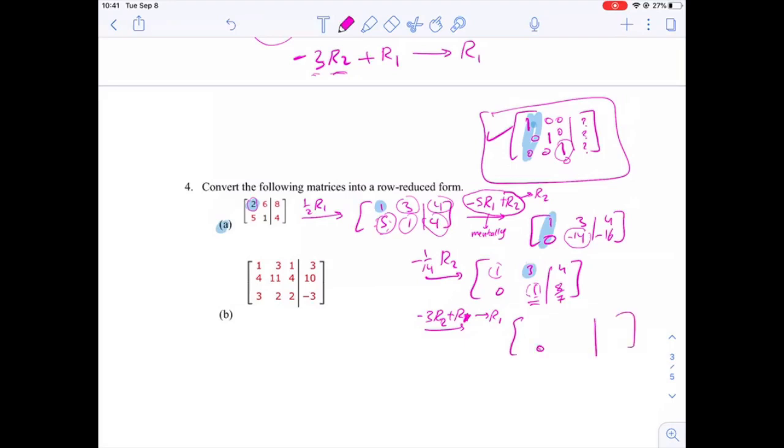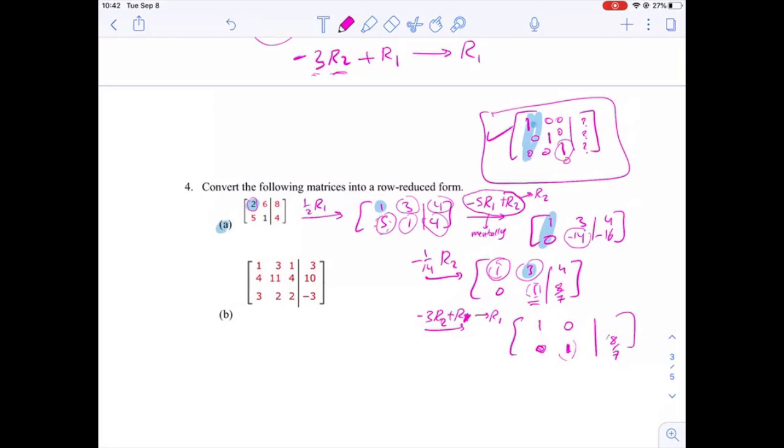So we have the second row 0, 1, 8/7. Then we multiply by -3. Multiplying 0 by -3 is still 0, and adding it to 1, we still get 1. And then -3 times 1 is -3, plus 3 is 0. So that number converted into 0.